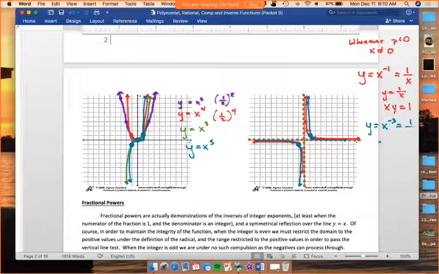Now, what would be different if my integers, my negative integers, were even? What would be different if I had y equals 1 over x squared? Would the branches of my hyperbola, would these arms that we have here, would they still be in the same quadrants?